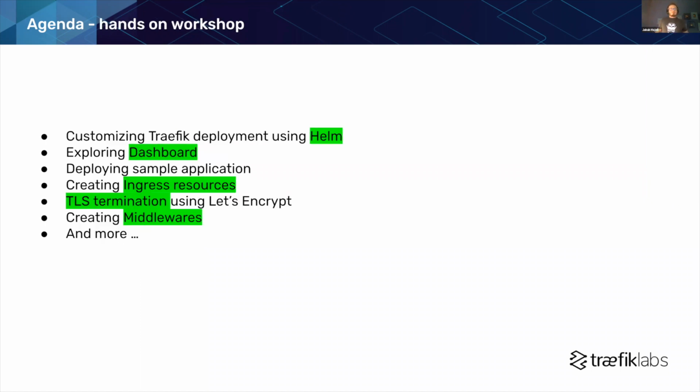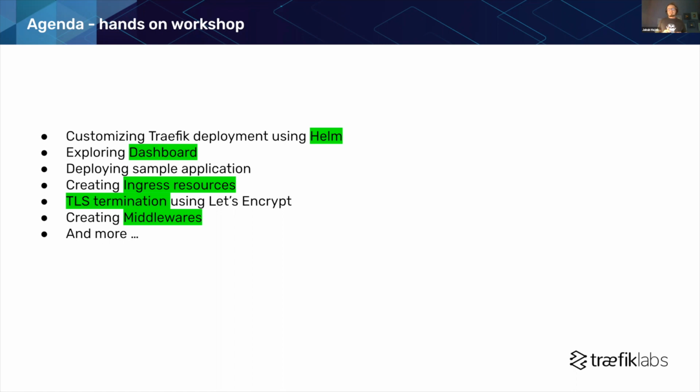Then we'll switch to the hands-on workshop. I will start from zero to hero, because I will have just an empty Kubernetes cluster that is freshly deployed. There is nothing installed, and I will be going through each lesson together with you, so you can follow me, and I strongly encourage you to do that. We will explore the dashboard a little bit.